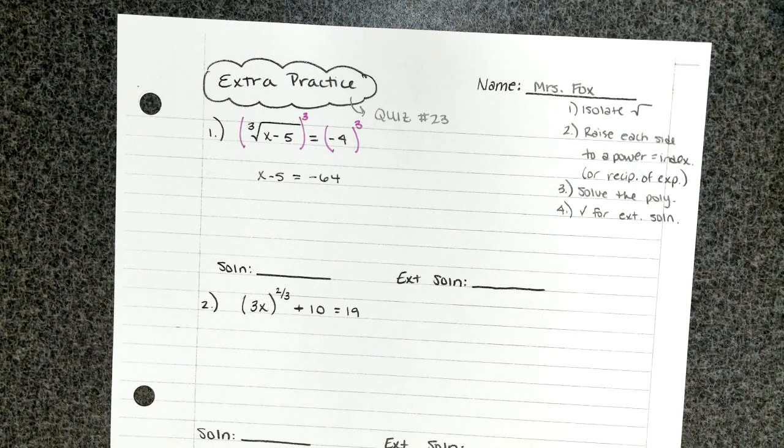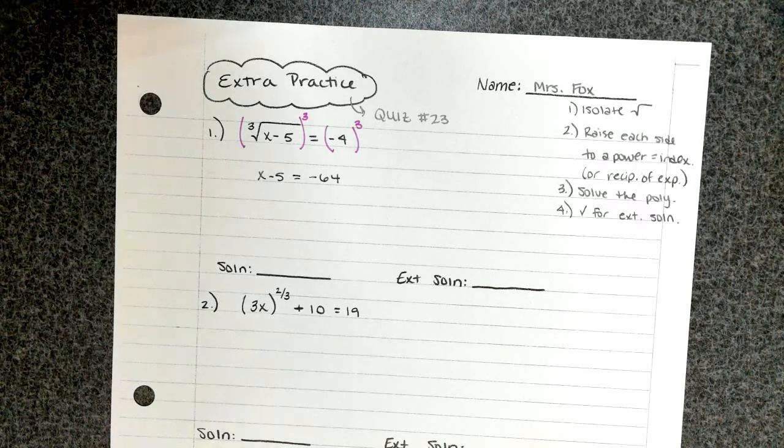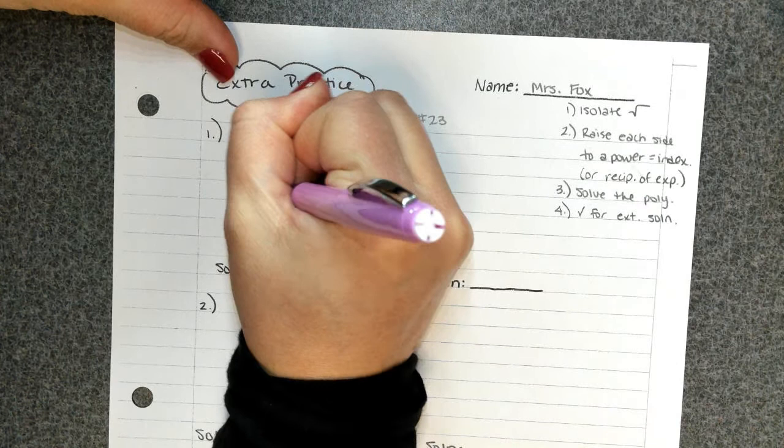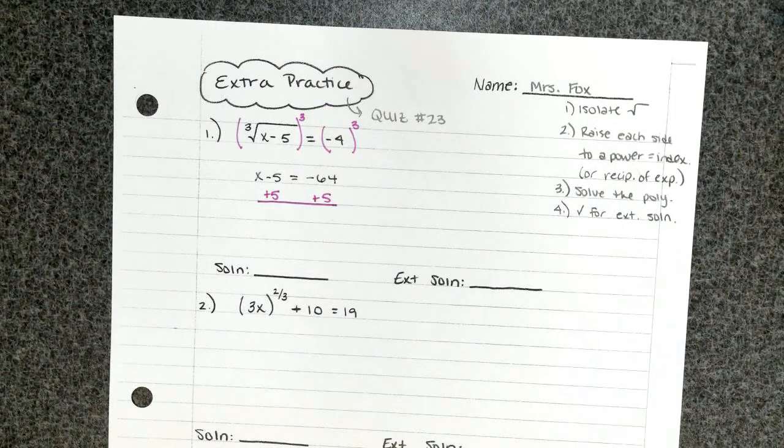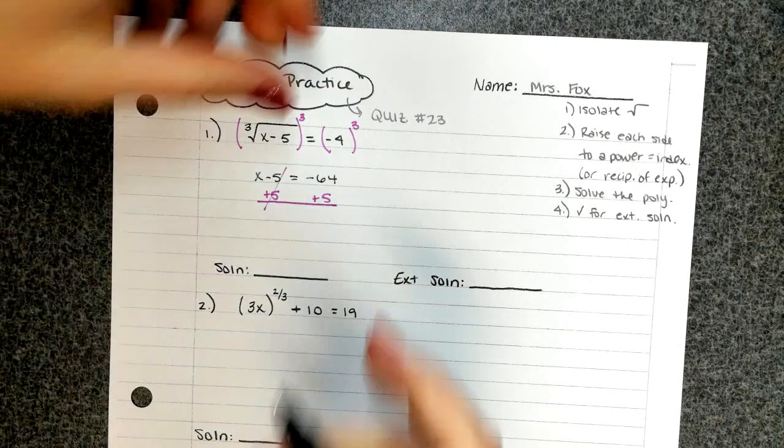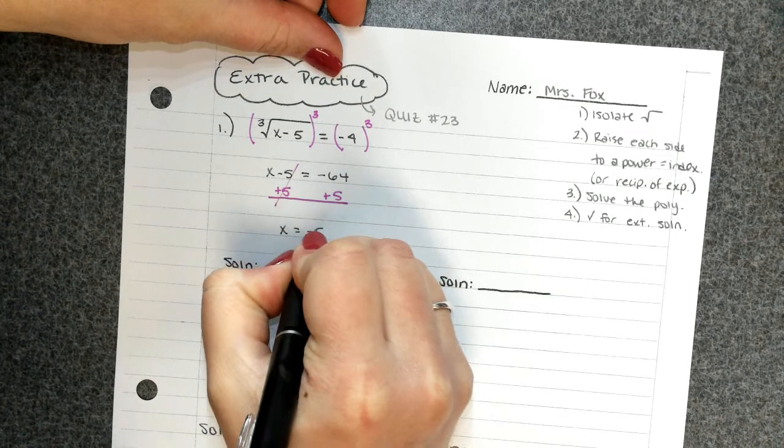Okay, so we're good there. Now you need to take 5 and add it to negative 64. We add it to both sides. It goes away on the left, but we still had to add it to make that go away. So we end up with x equals negative 59.